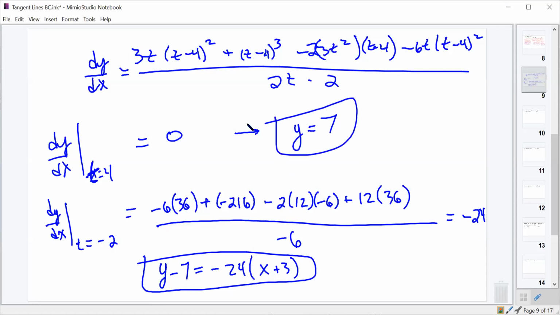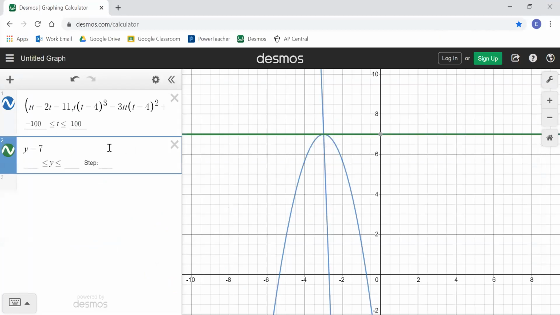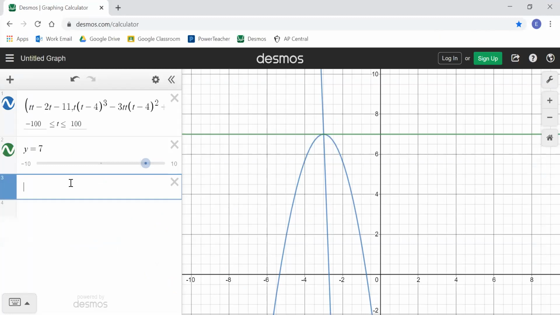So those are our two tangent lines. Let's graph them and make sure they look right. First one I think should be pretty obvious because it looks like we got a local max there, right? So y equals 7, looks good. And then the other one should be y minus 7 equals, what do we say, negative 24 times x plus 3.